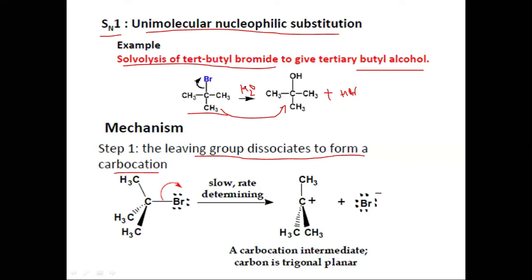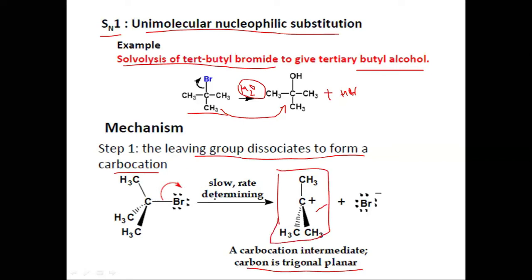As you are performing the reaction in a polar protic solvent, the dissociation of the C-Br bond will take place, and you can generate the carbocation. The intermediate in this SN1 reaction is the carbocation intermediate. The carbon is trigonal planar in the formed carbocation.